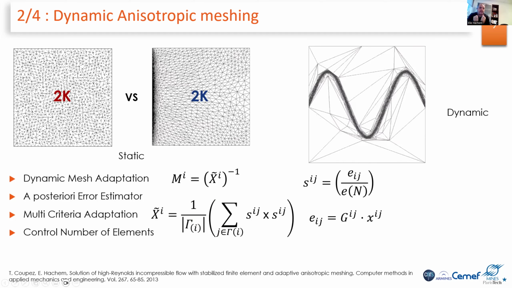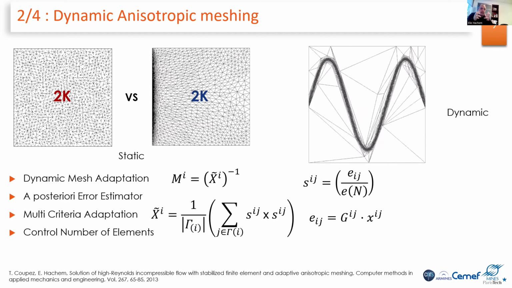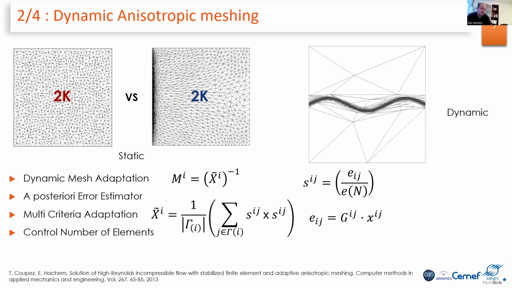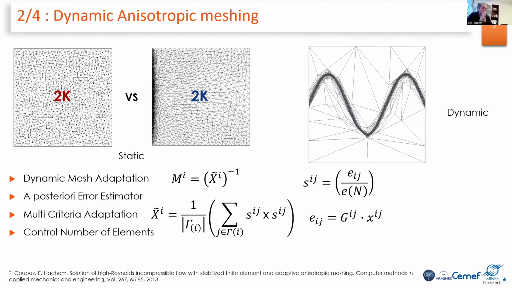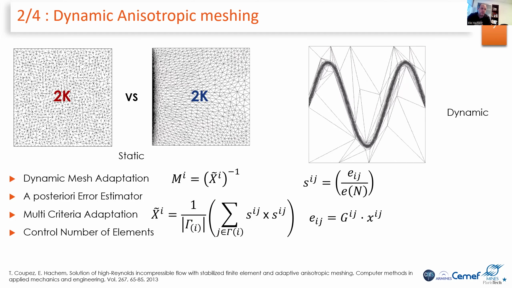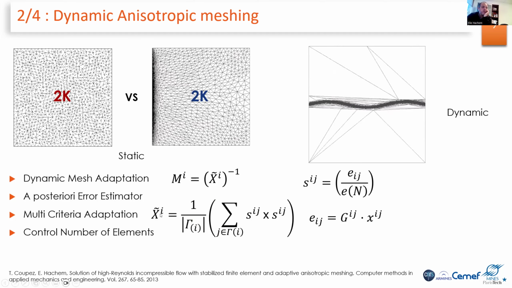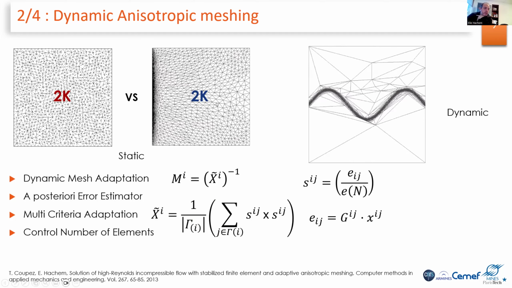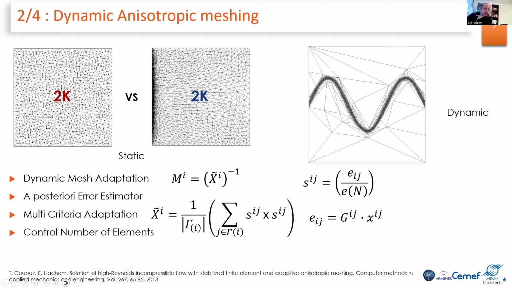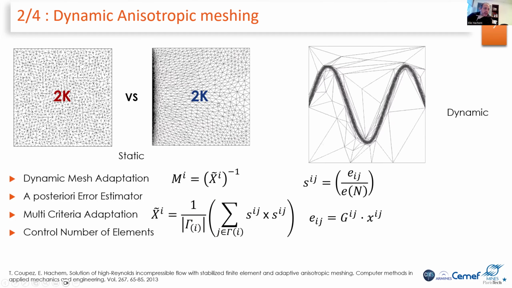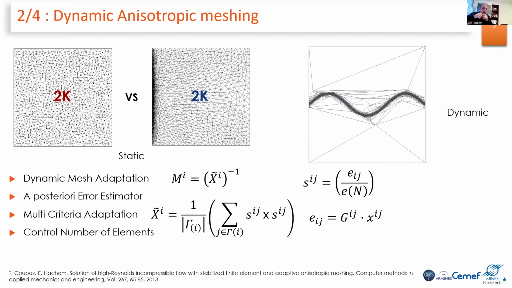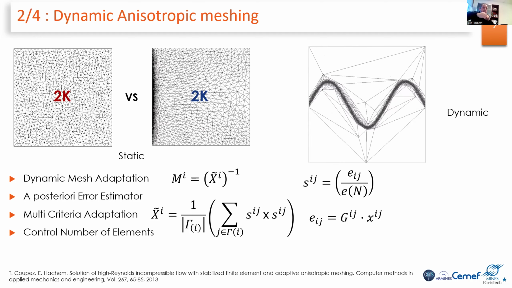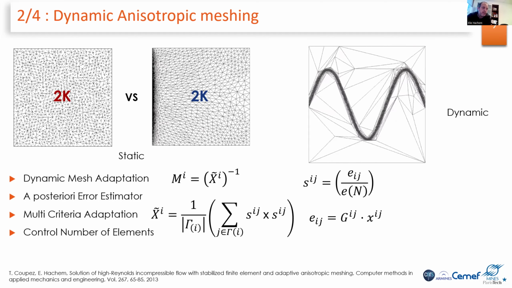So you need a metric for that. The metric is a tensor that has the direction and the amount of mesh adaptation in each direction. What we use here is the natural metric. You position yourself on a node, and the metric looks at all the edges surrounding this node, and then we can control the size of these edges by an error, and this error is controlled by the gradient of the solution.